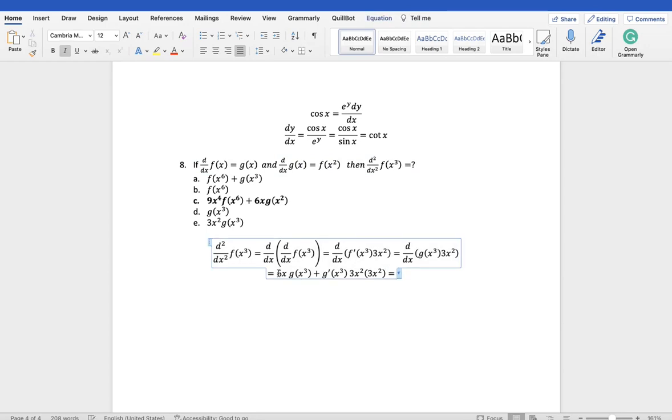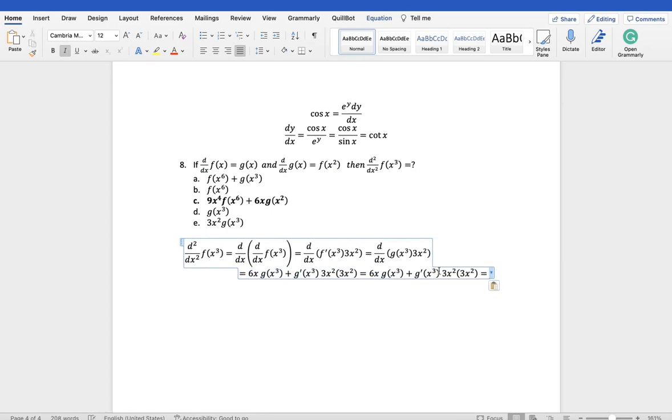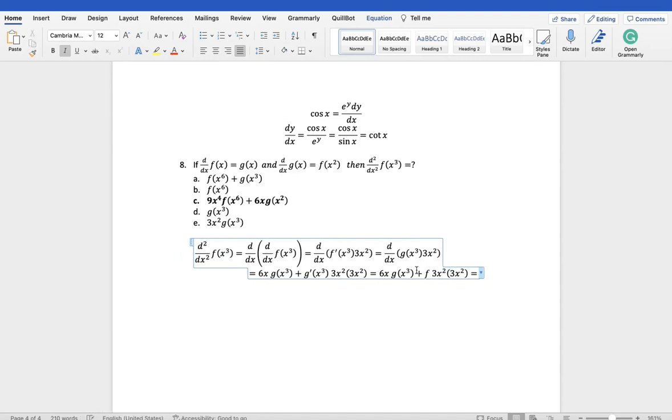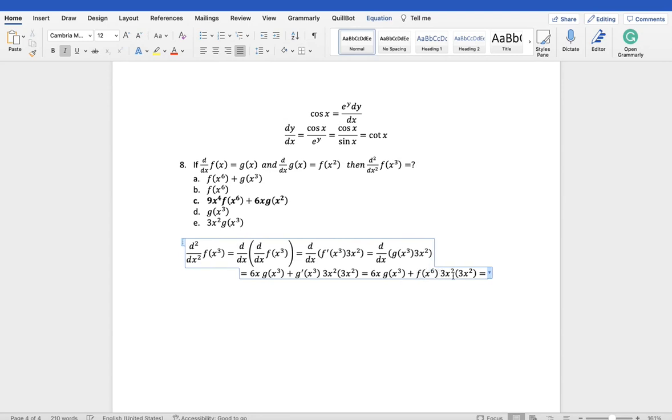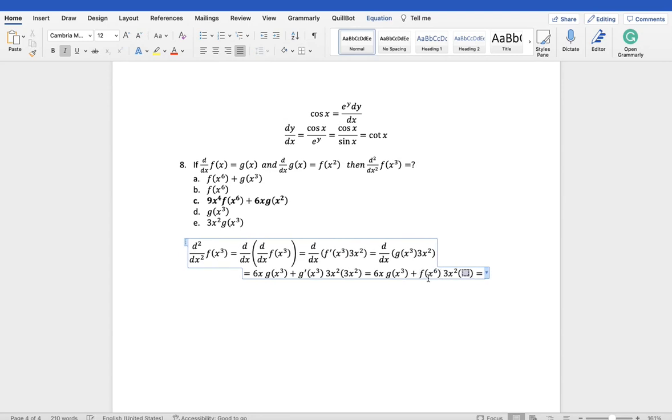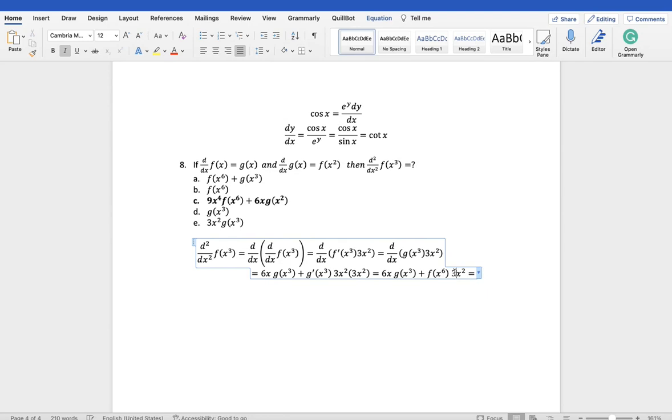So this is equal to, let me recopy this, 6x g of x cubed plus f of x to the 6 multiplied now by 9x to the 4. And that is it.